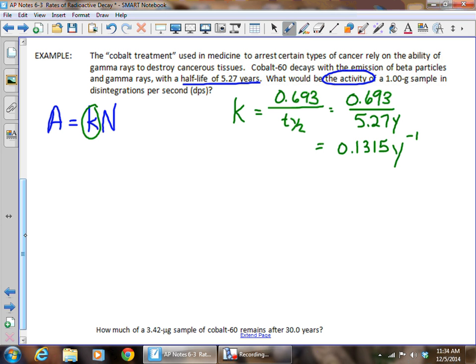Now, as far as N is concerned, what do we know about the number of particles? It doesn't tell us the number of particles. All it really tells us is that we're dealing with 1 gram of the material, 1 gram of this sample, and this is cobalt-60.